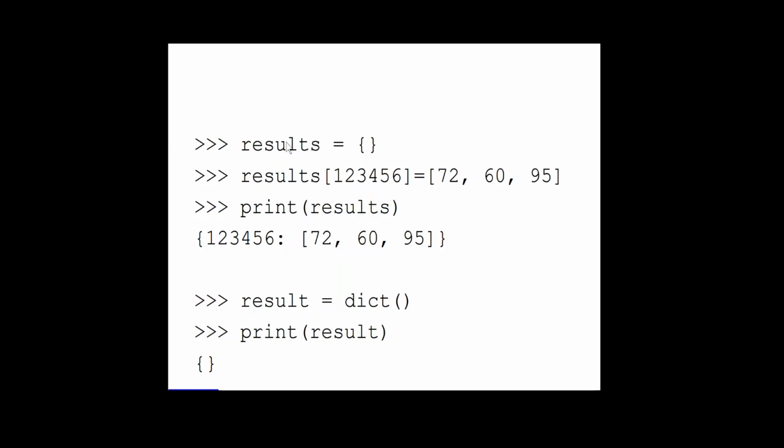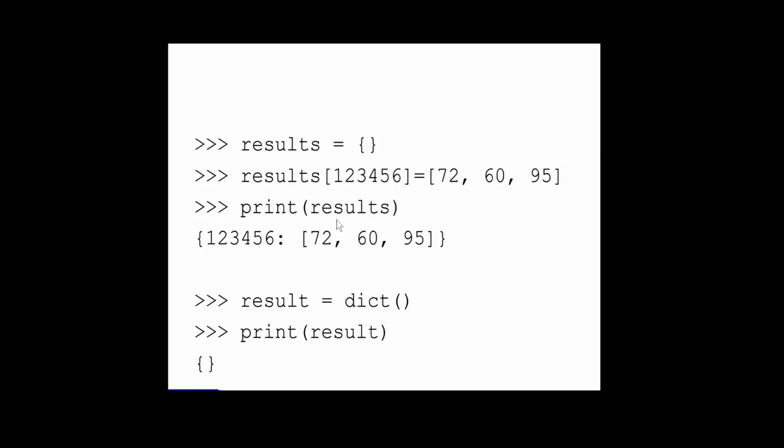Now imagine that I'm speaking about results. Let's say we have 3 exam results, and I add the number of the student as a key, and I add the 3 exam results as a list. So the value would be of type list, a list with 3 elements, 3 exams or 3 quizzes, and the key is maybe the enrollment number of a student.